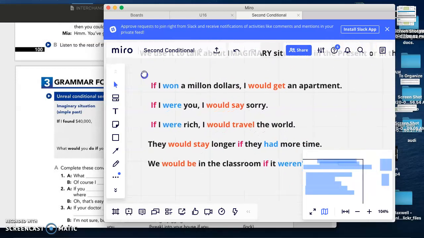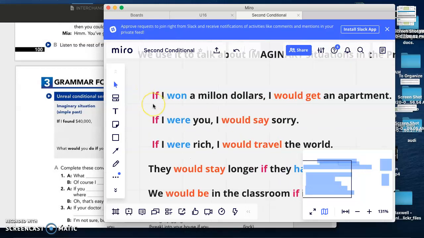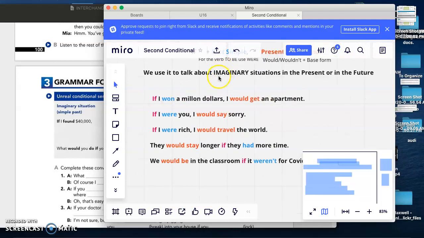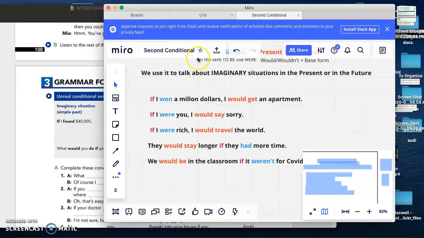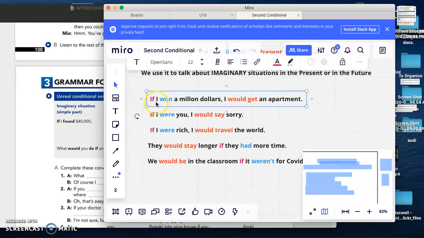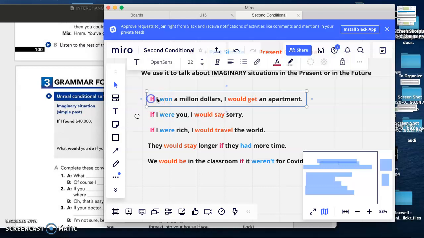So imagine, for example, if I tell you, imagine that you won $1 million. So if I ask you, what will you do if you won $1 million? Like, what will you do? So you can answer me using the second conditional. We have the particle if, which is followed by the subject.